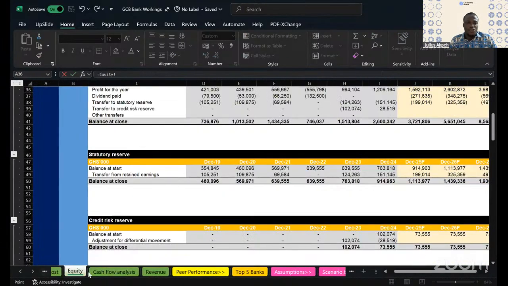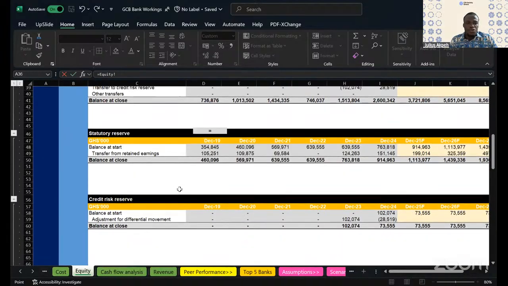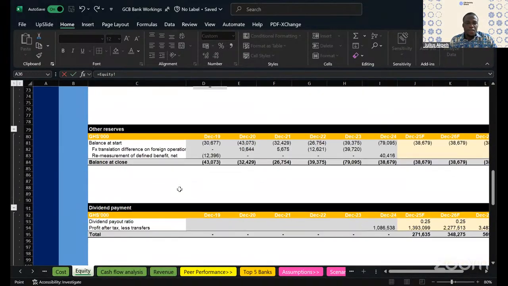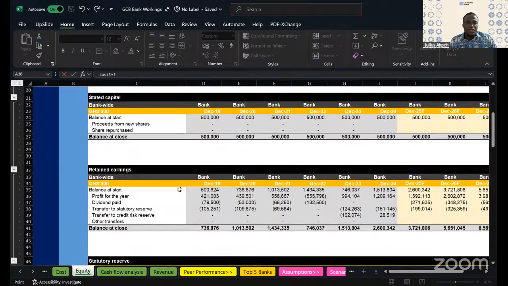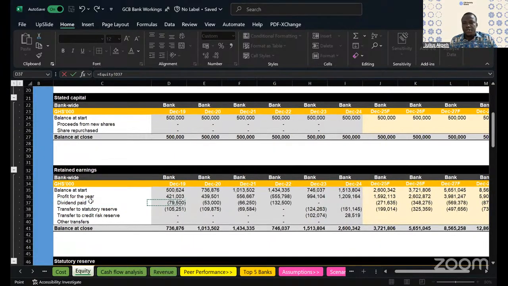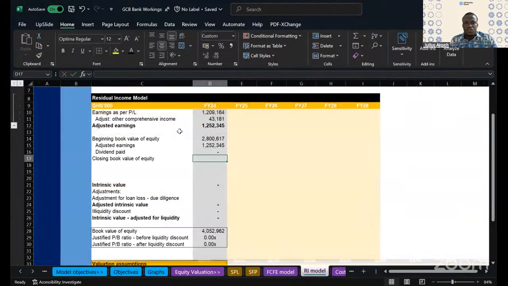I want my model to be fully linked. So I go to equity, I look at retained earnings. I'm looking for dividends, and I didn't see any dividend in 2024. So the closing book value of equity is the sum of all this.